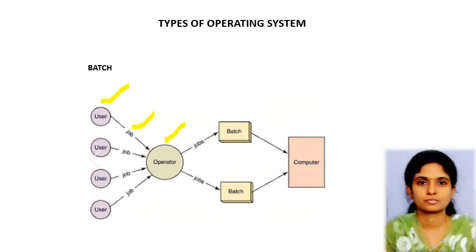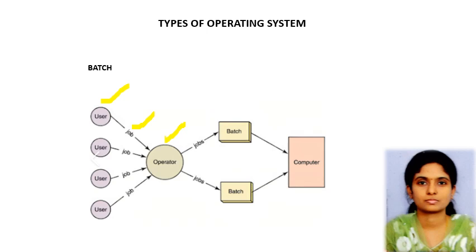Each user prepares his job on offline devices like punch cards or tapes and submits it to the computer operator. To speed up the processing, jobs with similar needs are batched together and run as a group. The programmers leave their programs with the operator, and the operator then sorts the programs with similar requirements into batches. So this is all about the batch operating system.